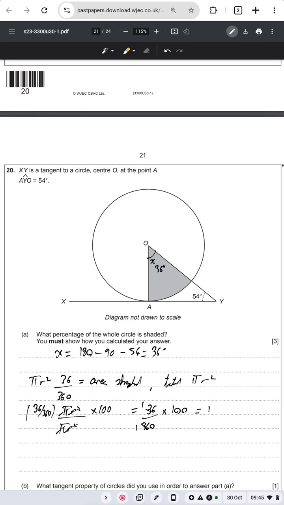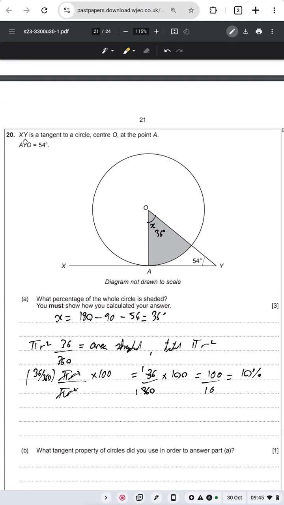So we have 100 divided by 10, which is 10%. There is a much easier way of doing this without having to show all this, where you just realise that you don't have to worry about the overall area, so the pi r squared, which initially end up cancelling. So you could do this as 36 over 360 times 100.